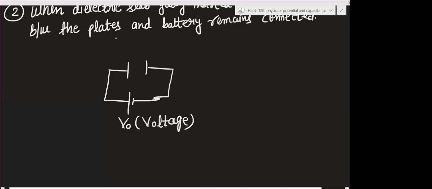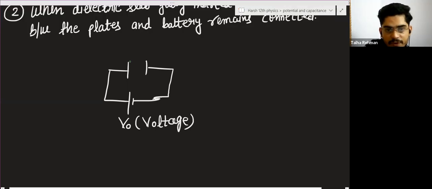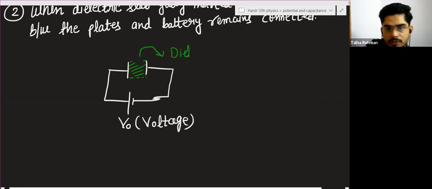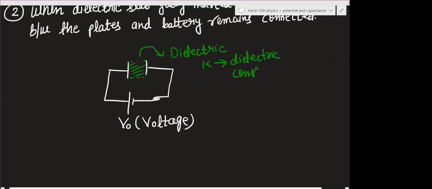And this time one thing is changed: we have filled the dielectric fully in between the plates. This is the dielectric, and K is the dielectric constant of this dielectric.